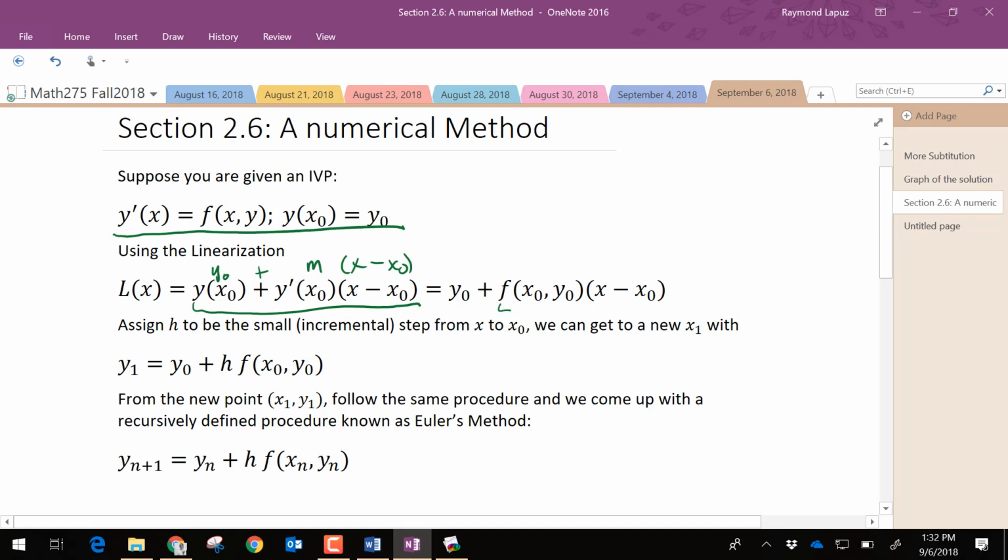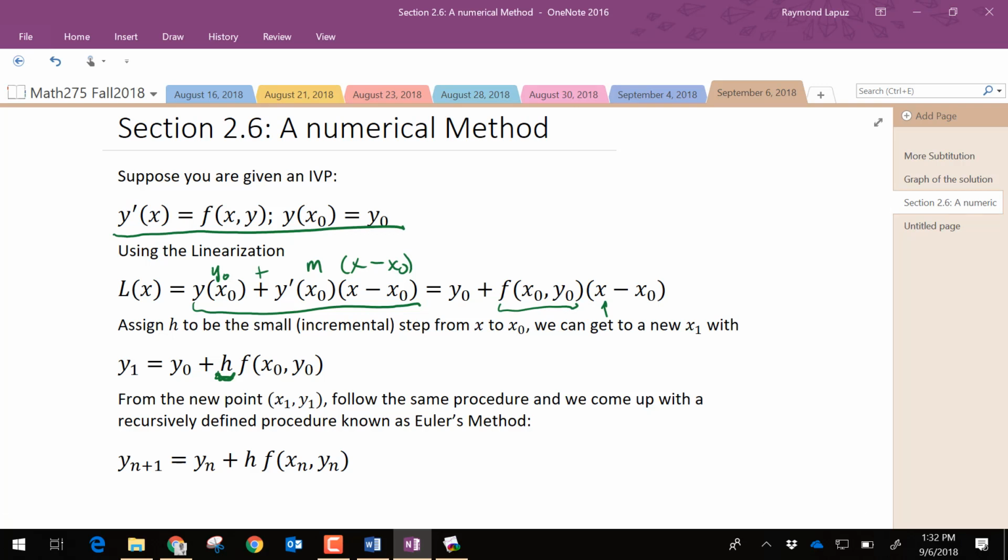And your slope is the differential equation, right? Because dy/dx is equal to whatever it is on the right-hand side. And now you're going to take a little step. So you're going to put in a value of x that's a small step from x naught.